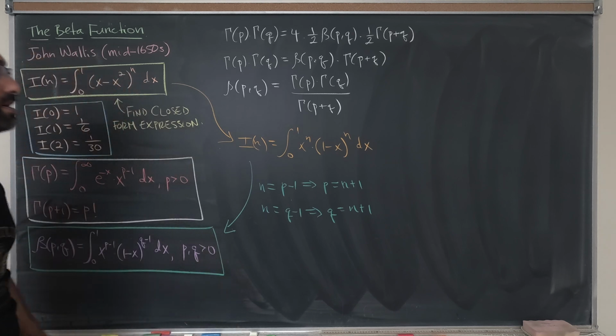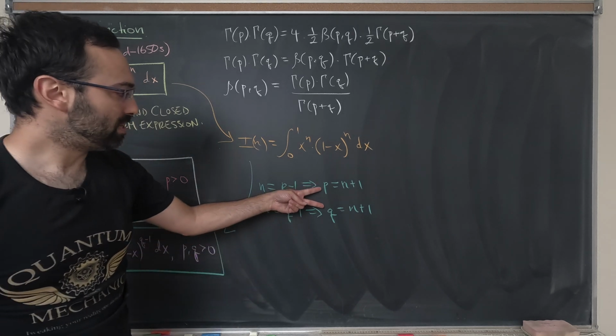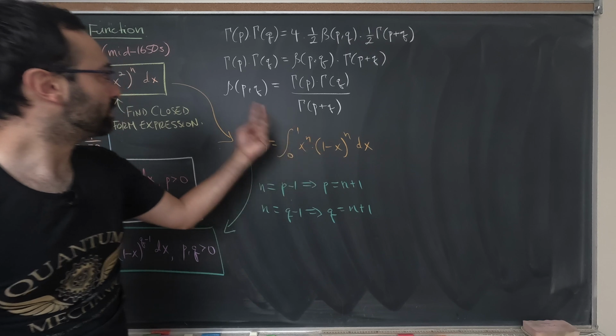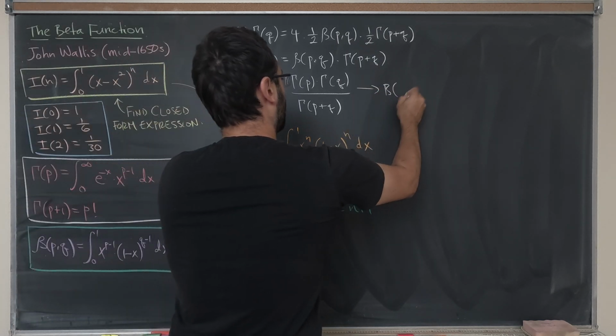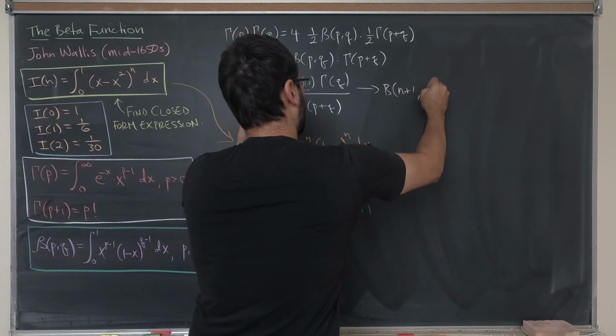Well, what does that mean for us? Well, if p and q are each n plus 1, then this p and q gives us n plus 1, n plus 1.